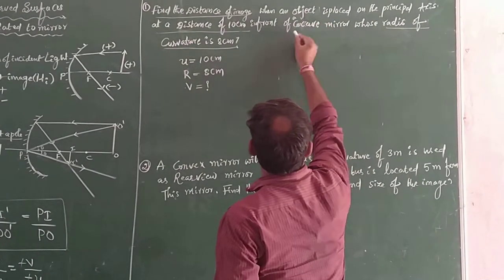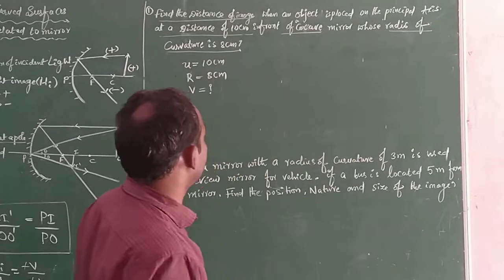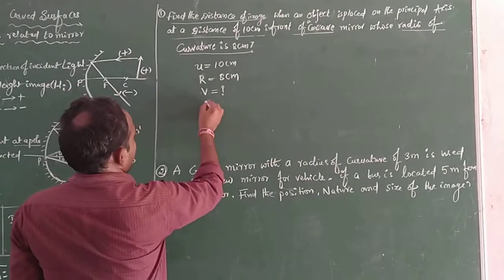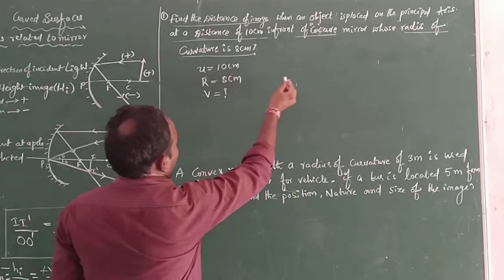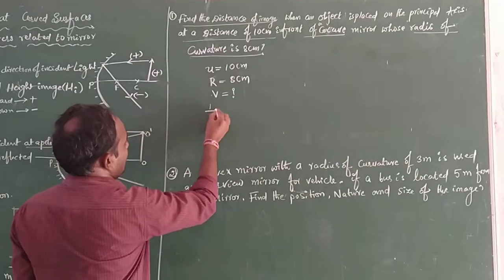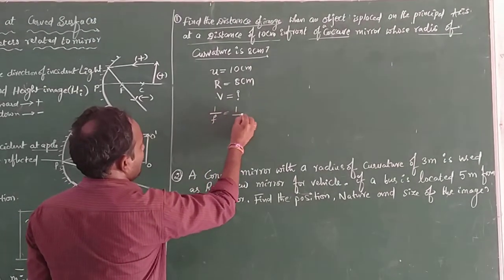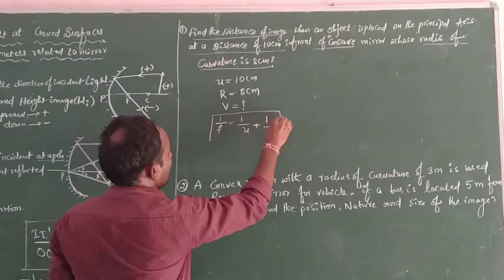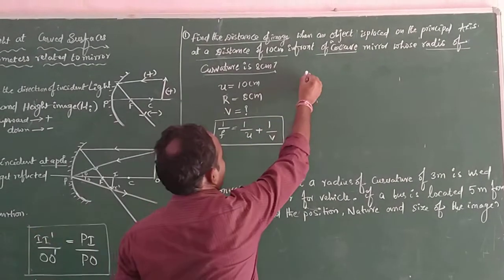So what is the formula of the mirror? The mirror formula is 1 by F equals 1 by U plus 1 by V. It is a concave mirror.